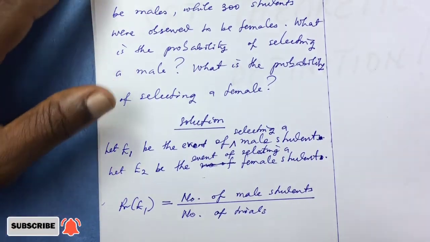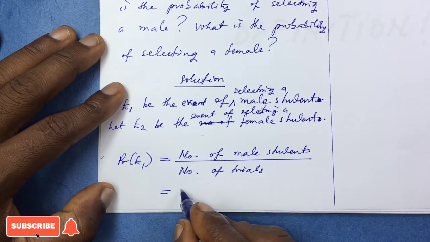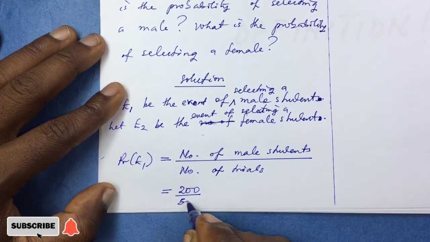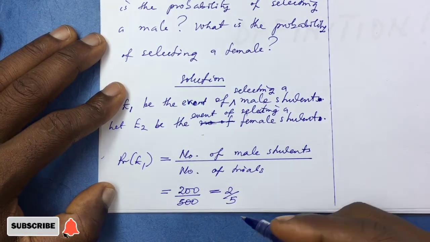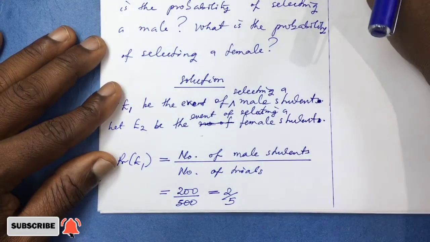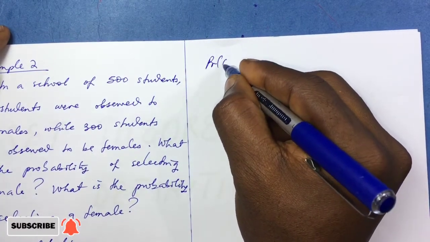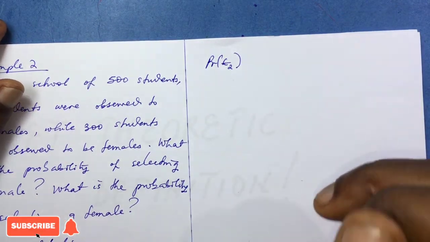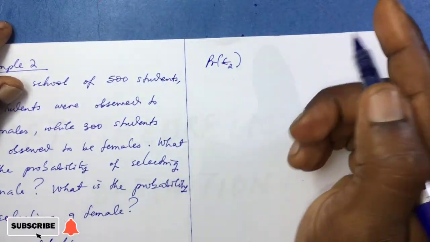Okay, so in this case, the probability of selecting a male student will be the number of male students, which is 200, all over the number of trials, which is 500, the number of students, and that will reduce again to 2 over 5. 2 over 5 becomes the measure of the likelihood of occurrence of a male student. Now, if we were interested in the probability of selecting a female student, then that would be the probability of E2. In this case, selecting a female student becomes a success, while selecting a male student becomes a failure.